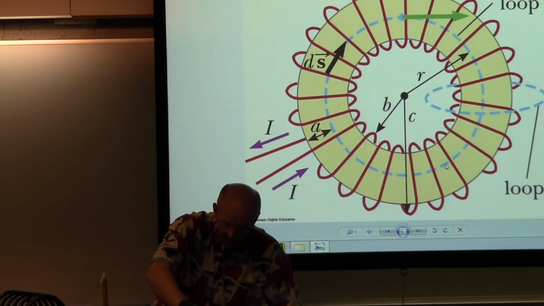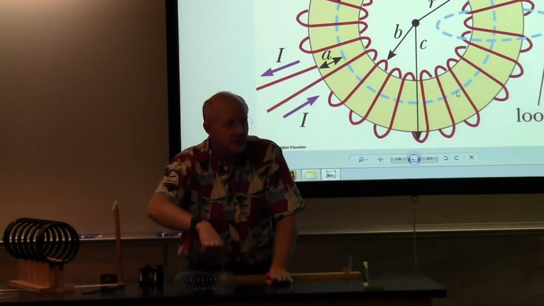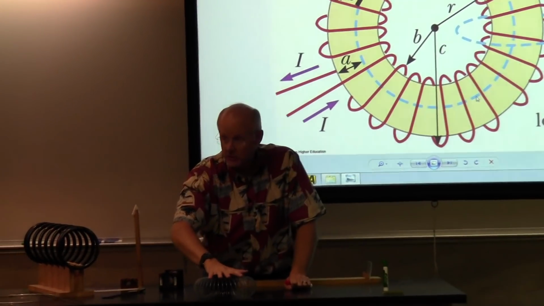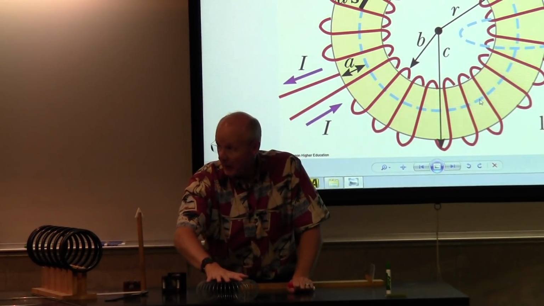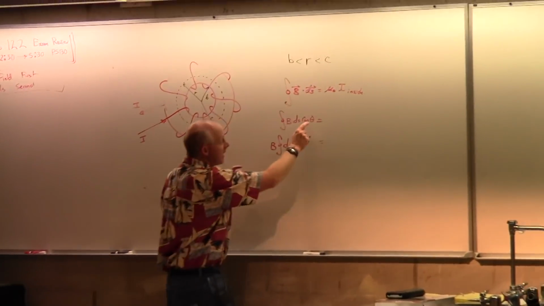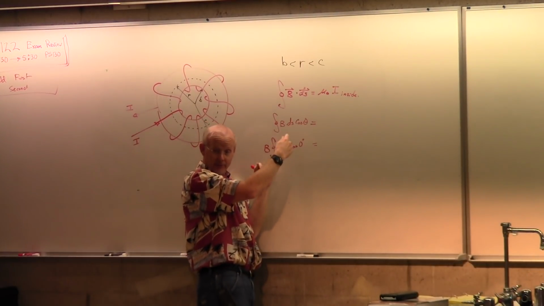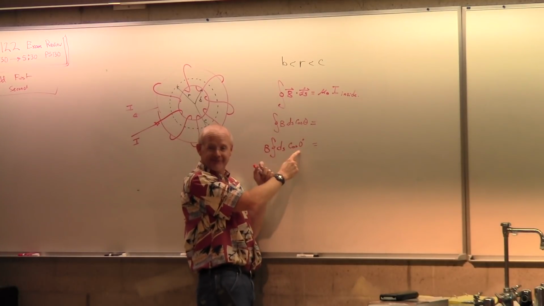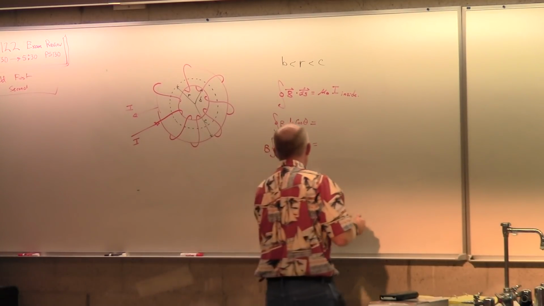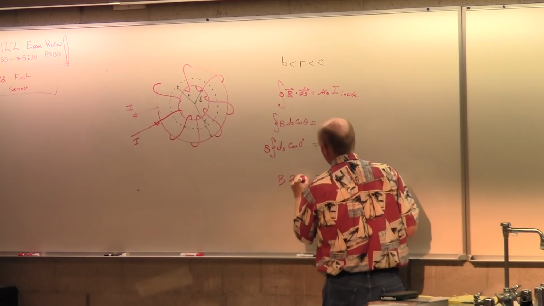But it would be a circle inside the internal parts of this toroid. And that would be the direction of the magnetic field. Now the reason I care about that is because what I want to know is what is the angle between the magnetic field and the loop. So in this case it's 0. Exactly. And so this side of the equation becomes B 2 pi r.